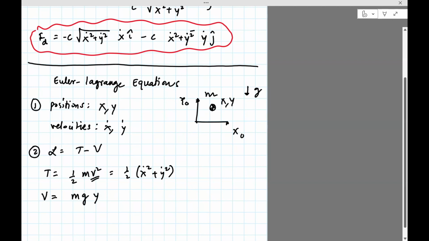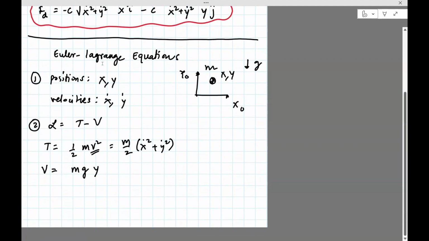Since gravity is in the vertical direction, y is the corresponding distance for capital V. We assume unit mass? Oh yeah, my bad, it should be m by 2. Thanks. Okay, so L is m divided by 2 times x dot square plus y dot square, minus m g y.